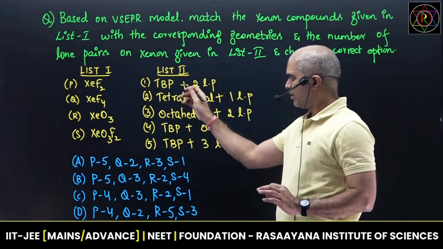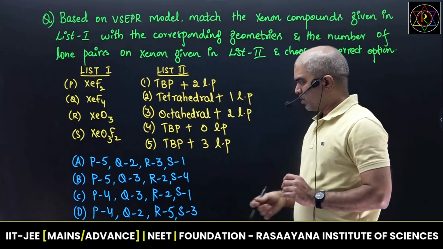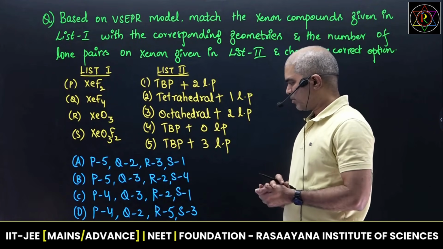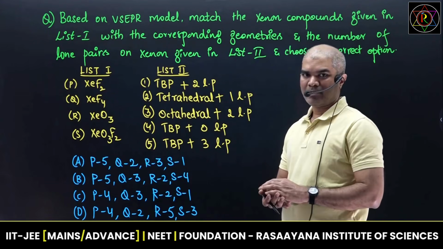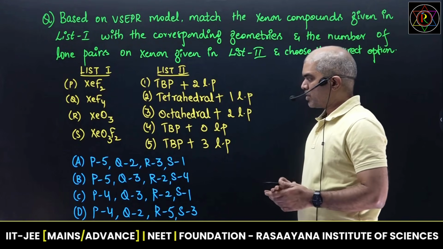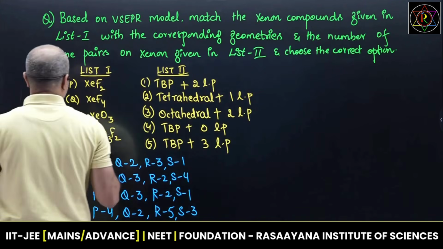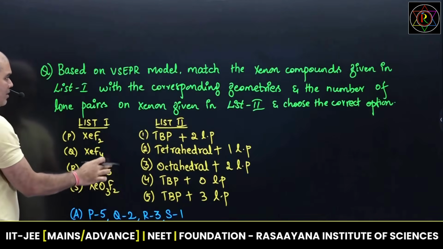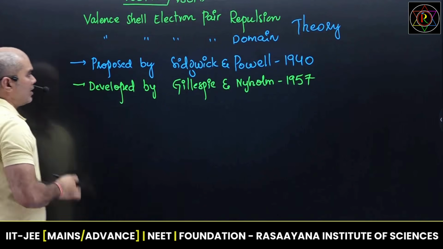You can see that there are 3 options with trigonal bipyramidal as a geometry. Before I explain the concept, you may attempt the question. You have to just match List 1 with List 2. Hope you have taken the question. Now let us understand about this VSEPR and how to arrive at that question.